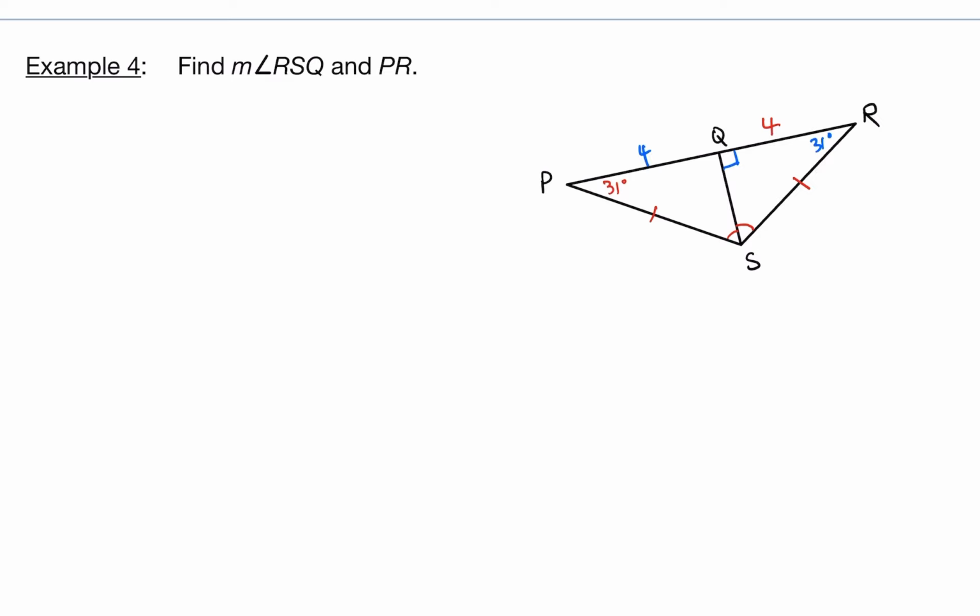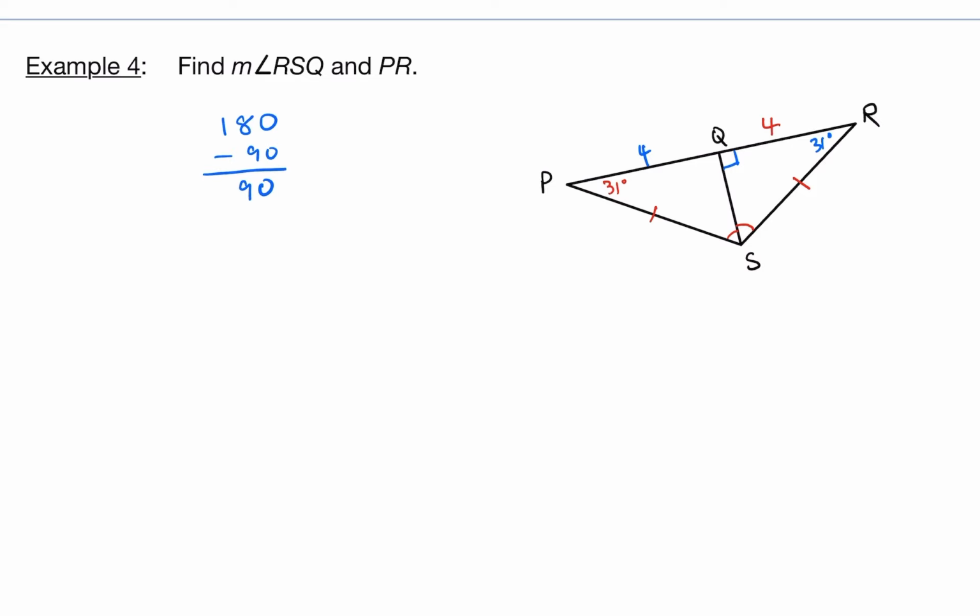We know that the sum of all three angles in a triangle adds up to 180 degrees. We already know that this is 31 and this is 90. So the balance of the 180 is going to be: 180, subtract the 90 degrees, that's this right angle, and we're left with 90.